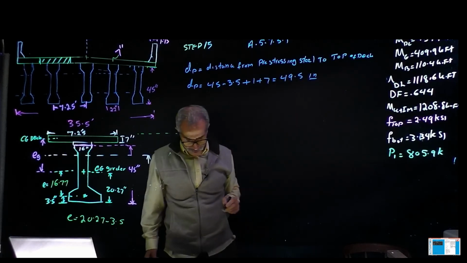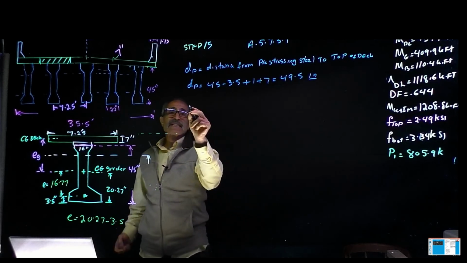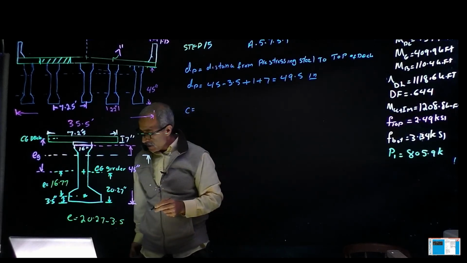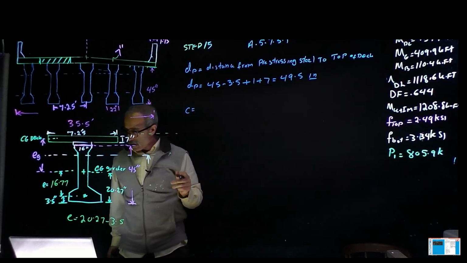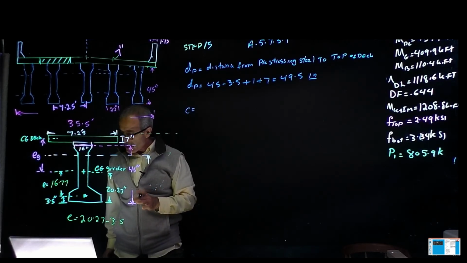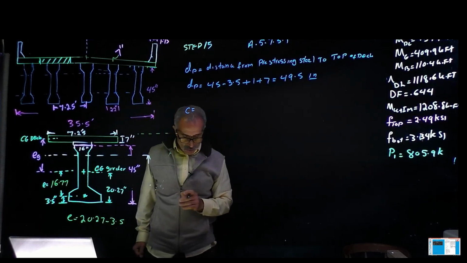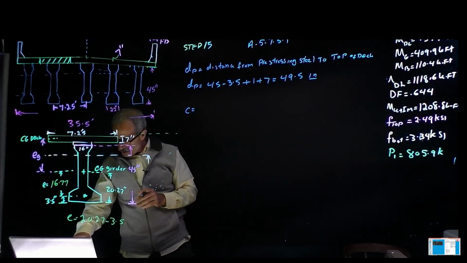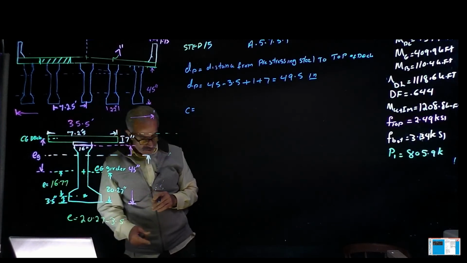Okay. Then the next thing I want to find is C. C is the distance between the neutral axis and the compressive force at the normal flux flow resistance in inch. And to do that, we have to go to this calculation right there on AASHTO 5.7.3.